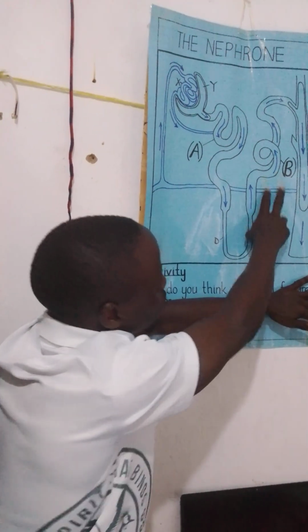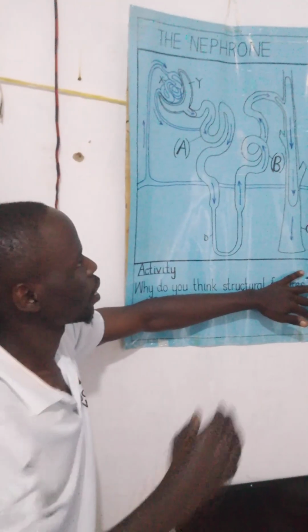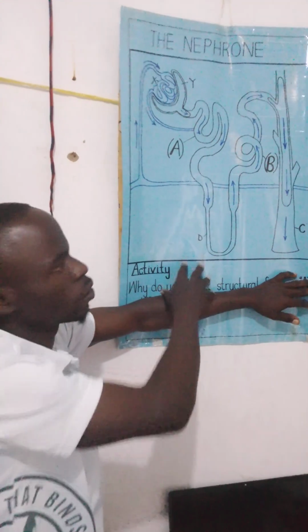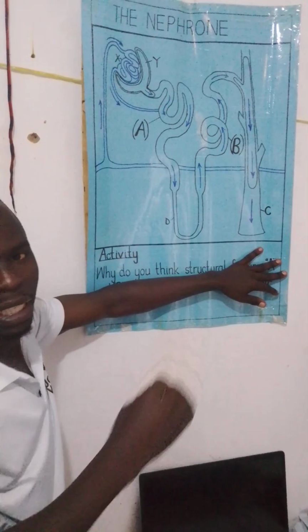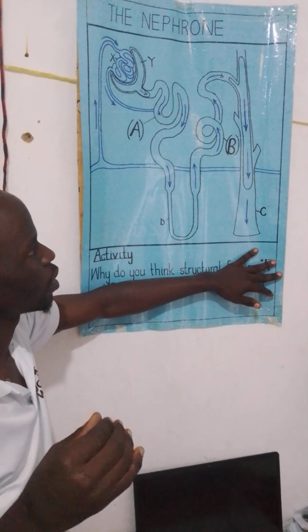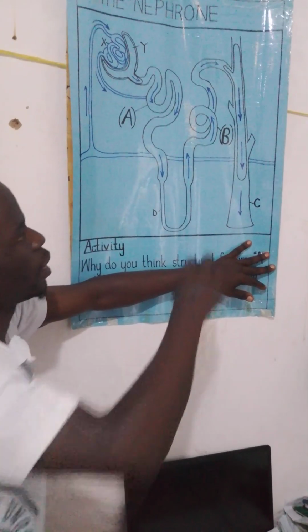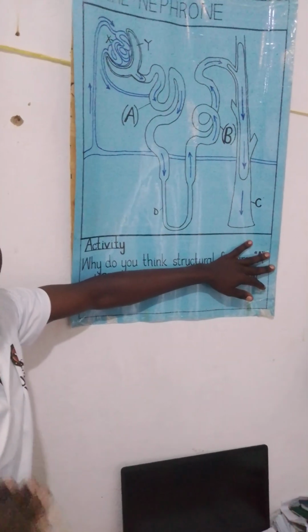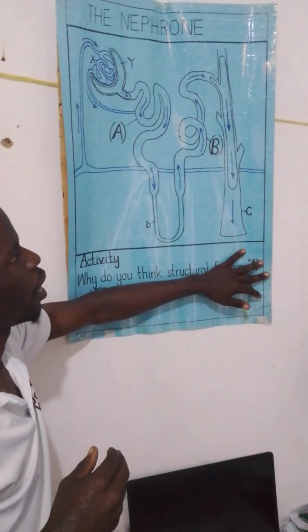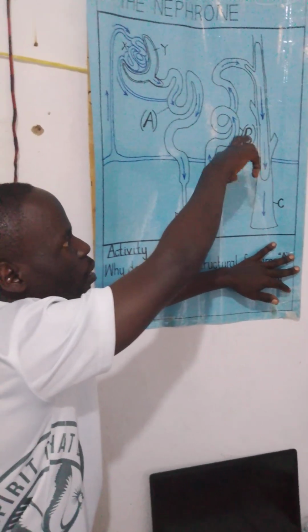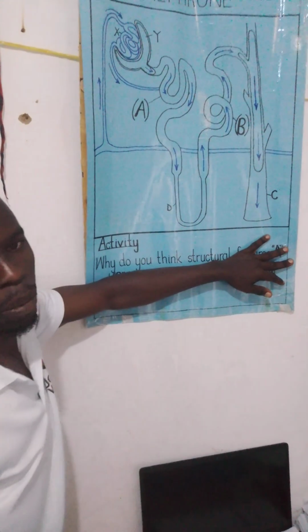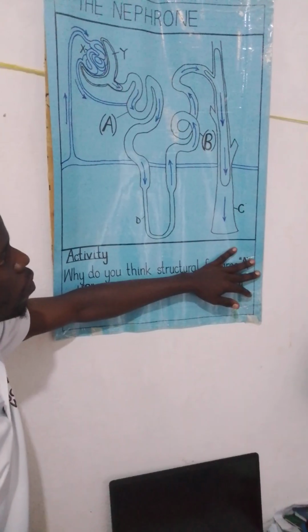The second last part I can talk about is part B, the distal convoluted tubule. In this distal convoluted tubule is where the third process takes place. It is called secretion. In this part, some ions will be secreted from the blood back into the distal convoluted tubule.